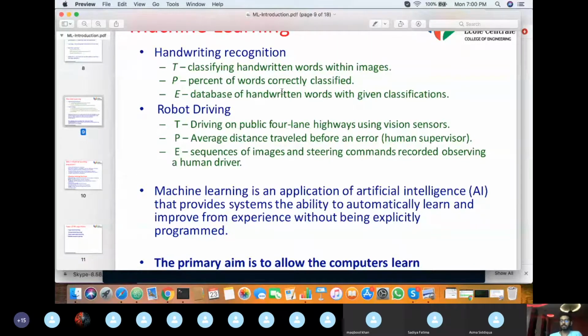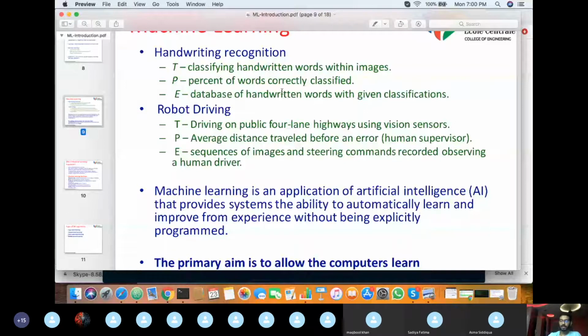It's a relative measure which gives us a basic idea of approximately how much percentage is being predicted correctly and approximately how much is not. And what is the experience here? The database of handwritten words with given classifications. Exactly. As I was saying, each and every word has already been labeled in a particular manner, which is what helps us understand whether the word has been predicted correctly or not.